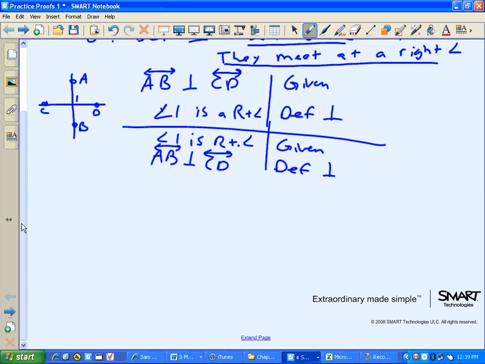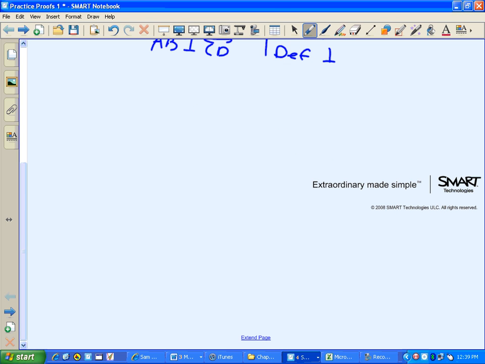Some of the things that we've already learned would be the segment addition postulate.